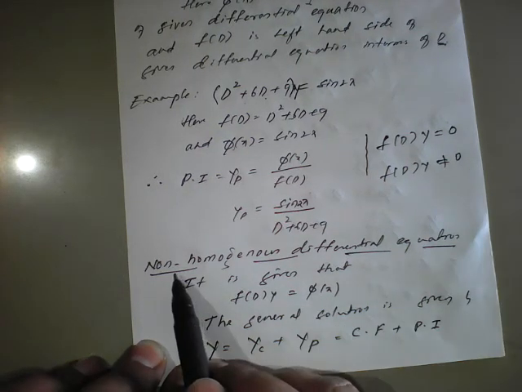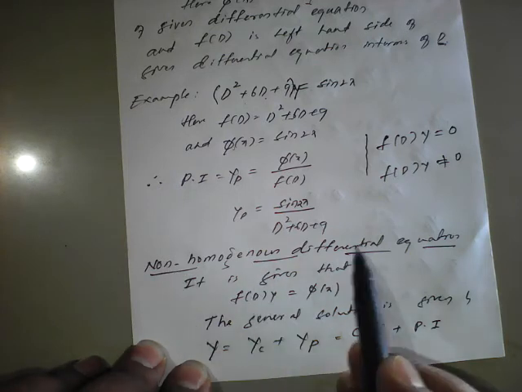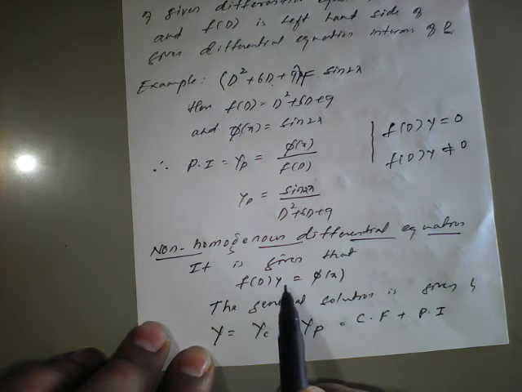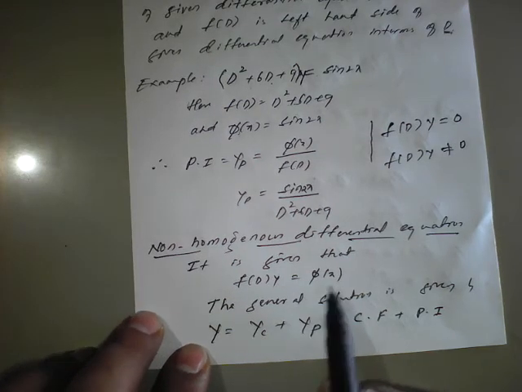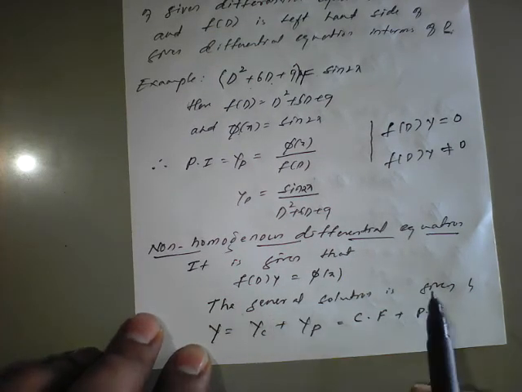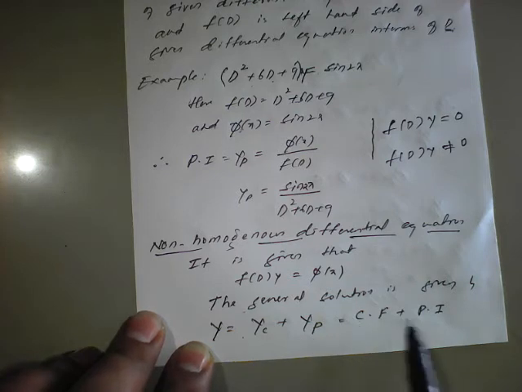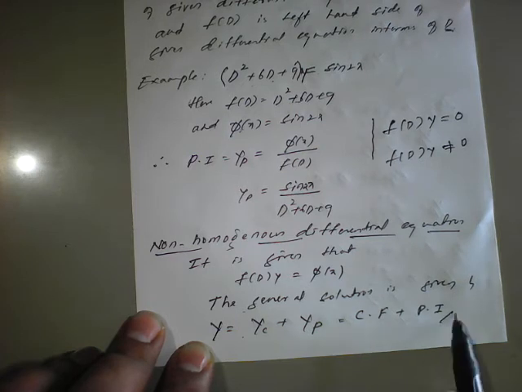Such equations are called non-homogeneous differential equations. It is given that f of D of y is equal to phi of x. The general solution for this is y equal to yc plus yp, or in other words CF plus PI.